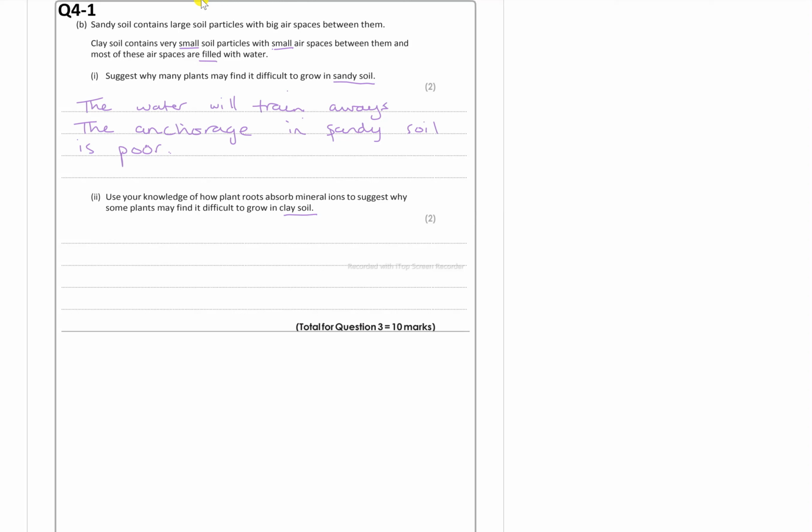Right, so you've got air spaces in clay soil, but they're filled with water, so there's less oxygen. So less oxygen at the roots means what? Means less aerobic respiration.